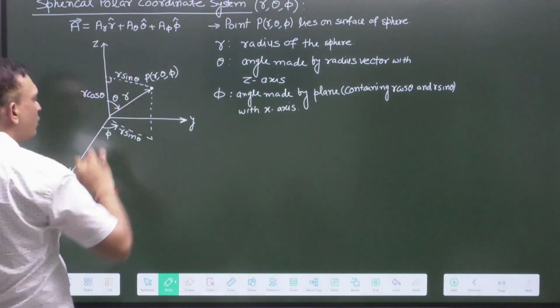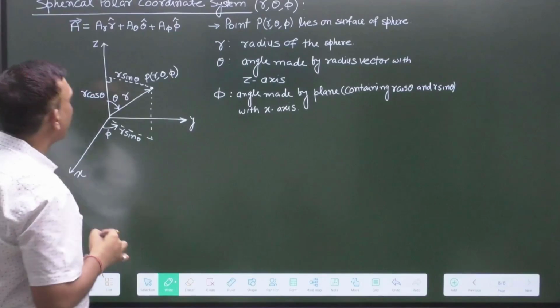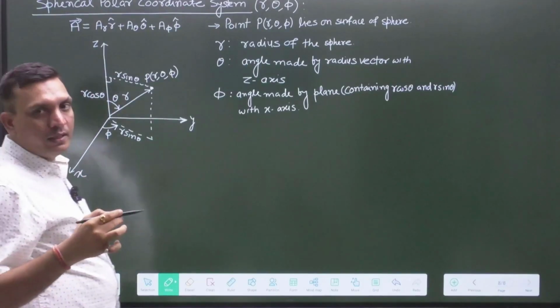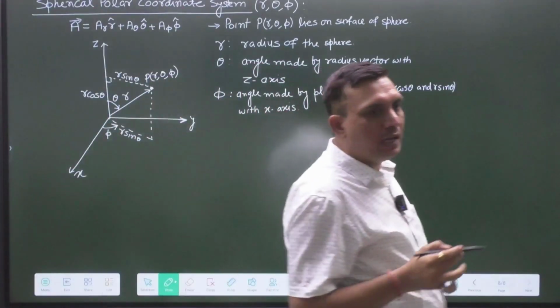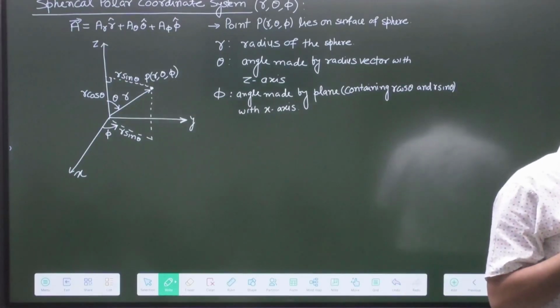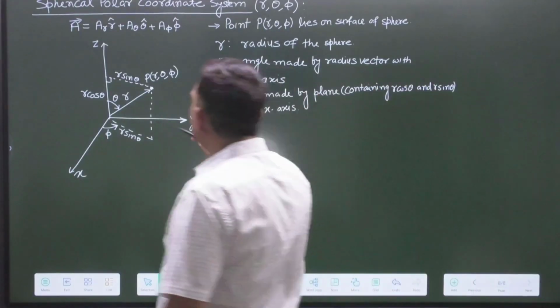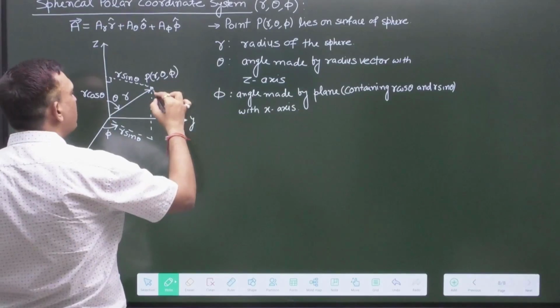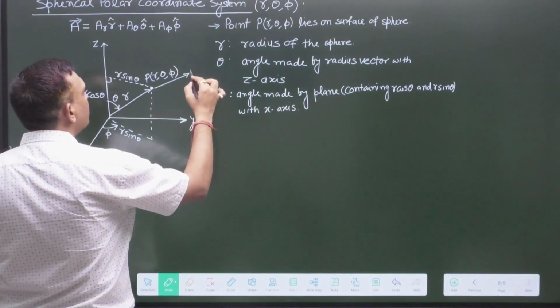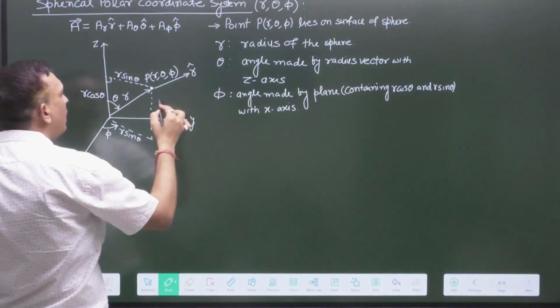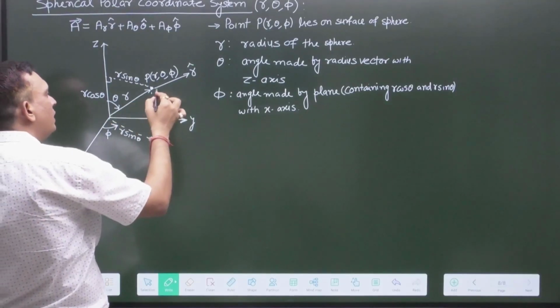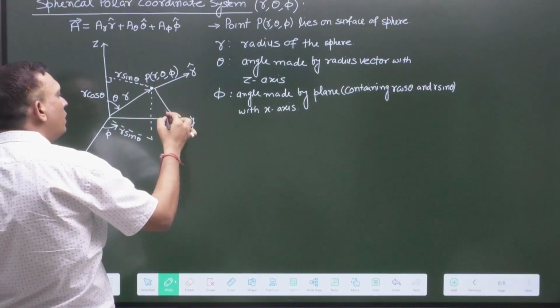What will be the direction of the unit vectors? By definition, r cap, theta cap, phi cap are in the increasing direction of their coordinates. So this direction is positive r cap.